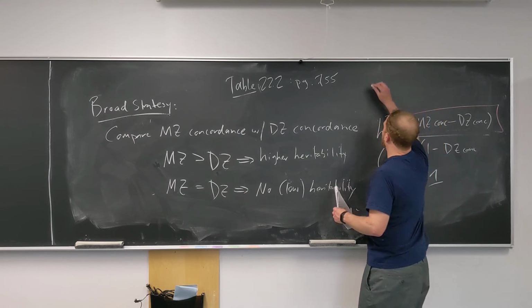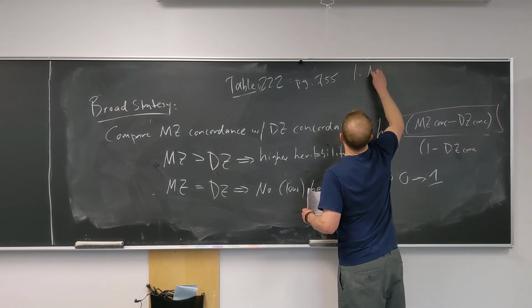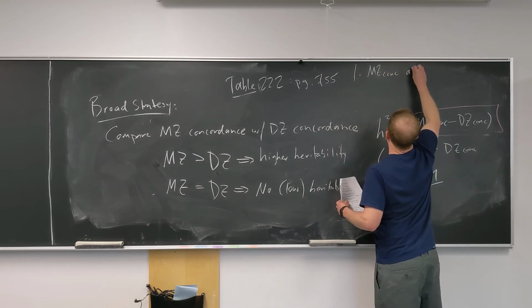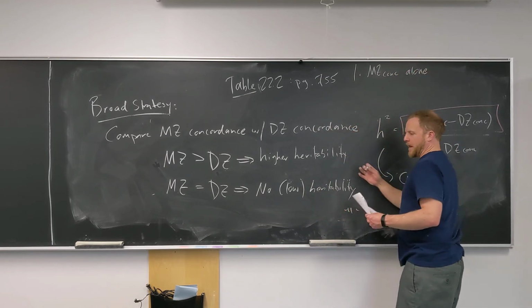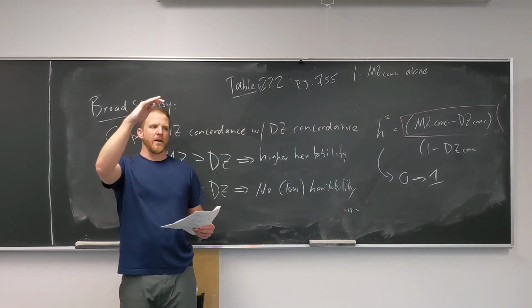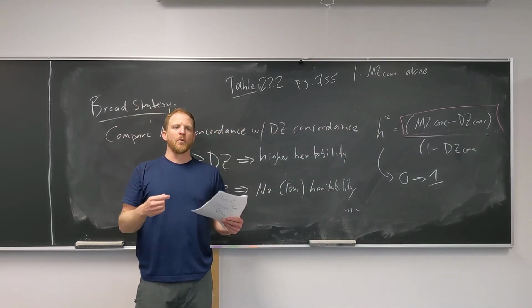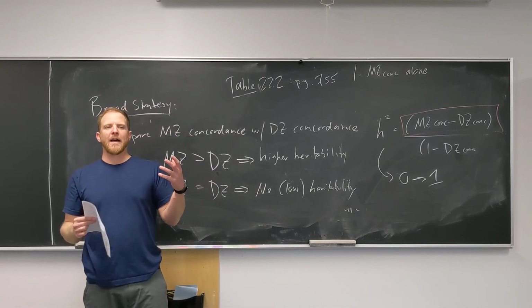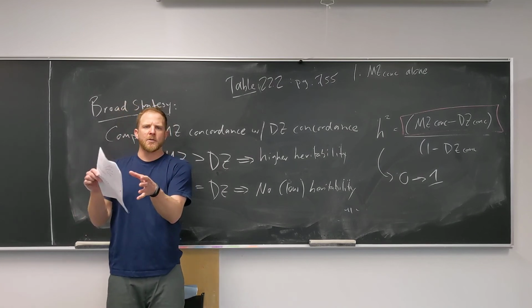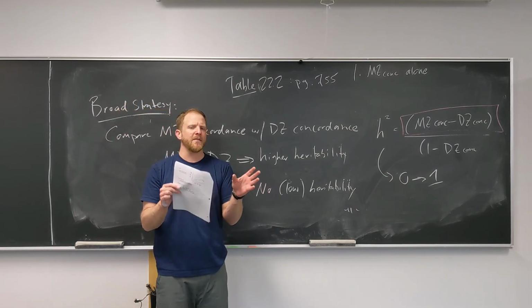So the first one is to look at the concordance value of the monozygotic twins alone. Okay? So even without comparing it to the dizygotic twins, that's going to vary between 0 and 1. So if you just look at the frequency with which two monozygotic twins show that trait, you can estimate the genetic contribution and the environmental contribution based on that number alone.